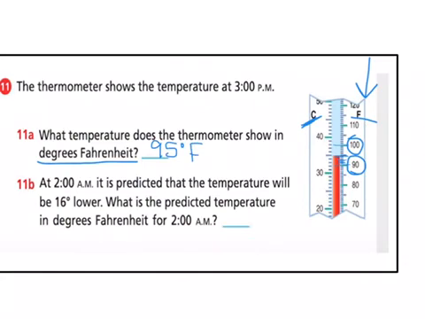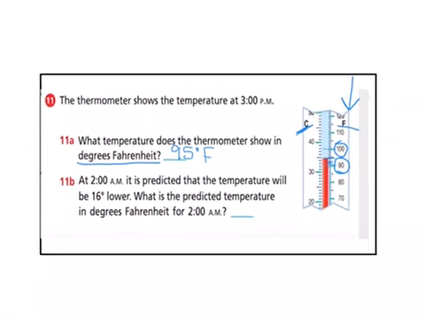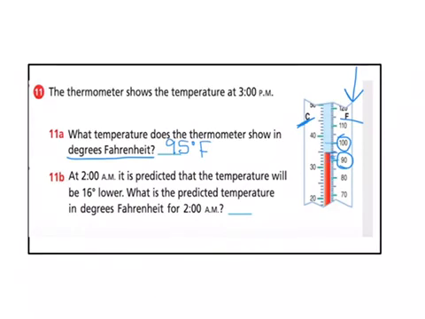And the next one says, at 2 a.m., it is predicted that the temperature will be 16 degrees lower. What is the predicted temperature in degrees Fahrenheit at 2 a.m.? So now we have to do a little bit of math. If it was 95 degrees at 3 p.m., but now at 2 o'clock in the morning it's 16 degrees cooler, we have to subtract.